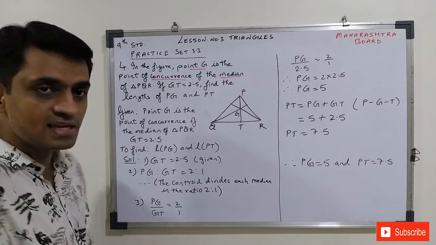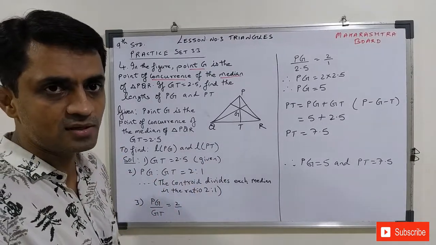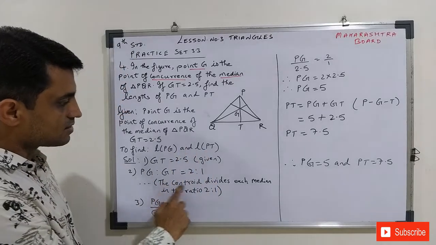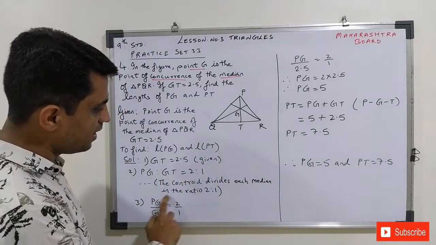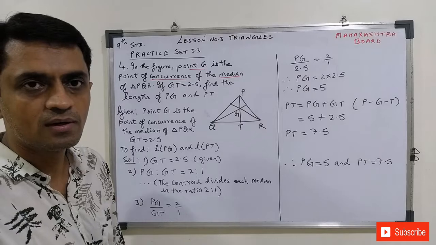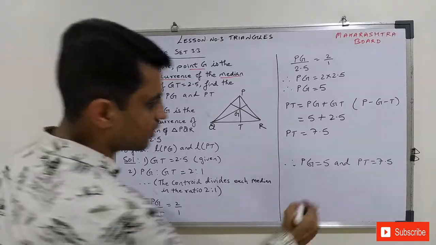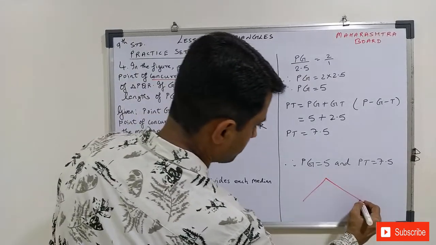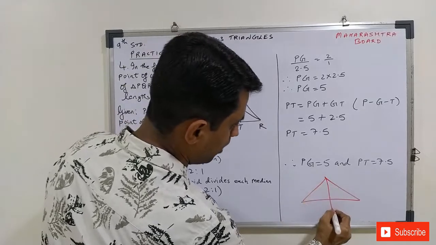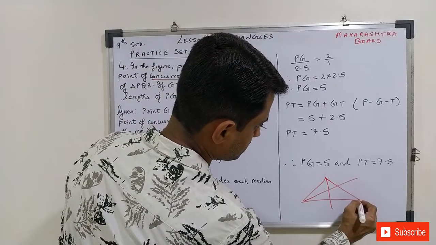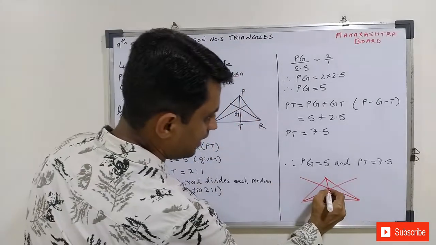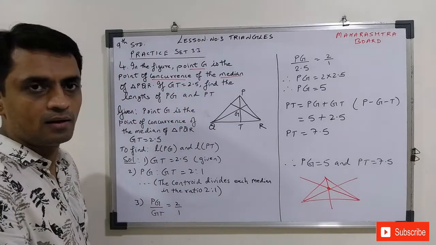After this, there is a very important property for this sum. The centroid divides each median in the ratio 2:1. What is the meaning of this? Suppose this is a triangle and these are all medians. They intersect at one and only one point.